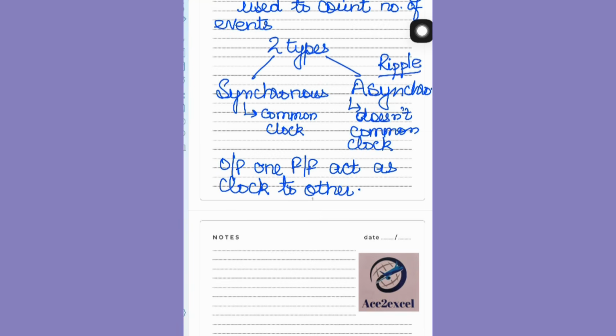This is an important thing to be kept in mind. Whenever asynchronous counter is involved, clock needs to be decided. Clock should be pre-decided.